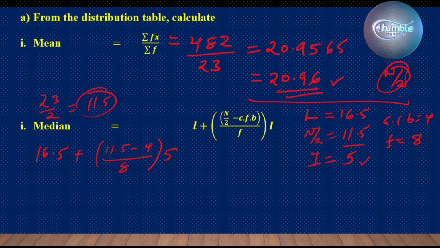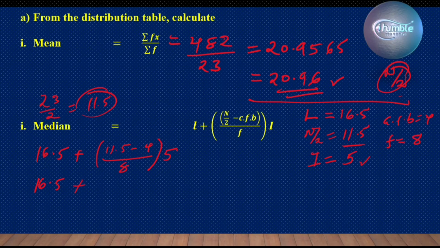You are supposed to multiply by 5. So this is going to be 16.5 plus 11.5 minus 4, which gives you 7.5. Divide that by 8 and finally multiply by 5. This one gives you 4.6875. If you add this, it gives that the median is 21.1875. This becomes the median for this particular data.